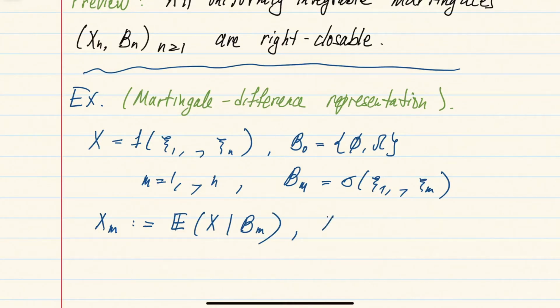And if you take a look at the last one, right, because the random variable x is itself measurable with respect to the last sigma algebra, you don't need to average, so xn is just x, and x0, when you average with respect to the trivial sigma algebra, you must get a constant, so this was just the expectation of x.